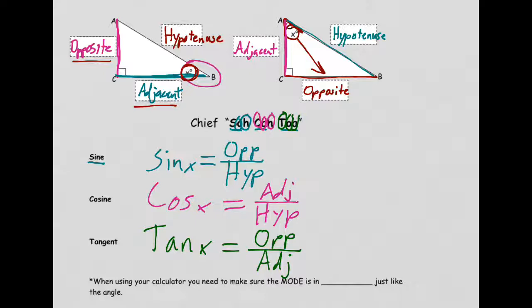You'll notice when I'm talking about opposite and hypotenuse that my opposite in sine equals opposite over hypotenuse just refers to the side of the triangle that I had up here when we were first naming these sides. And hypotenuse is always going to be the same one. Remember, guys, the hypotenuse is the longest side of the triangle. It's the side that's opposite of the right angle.